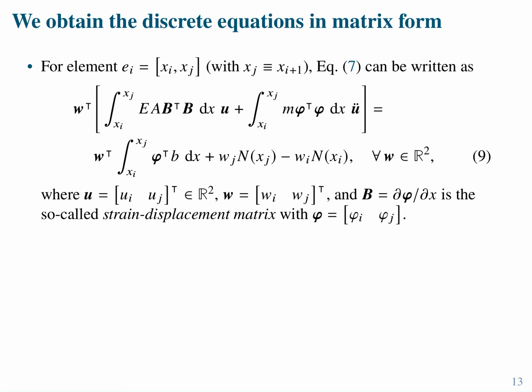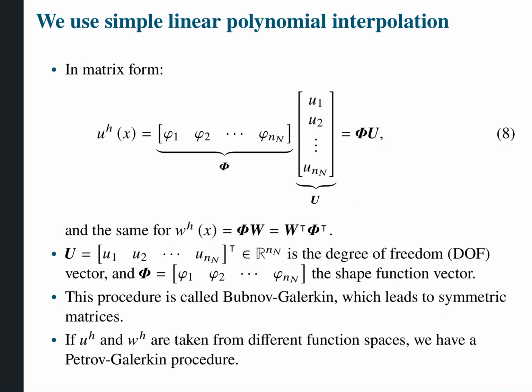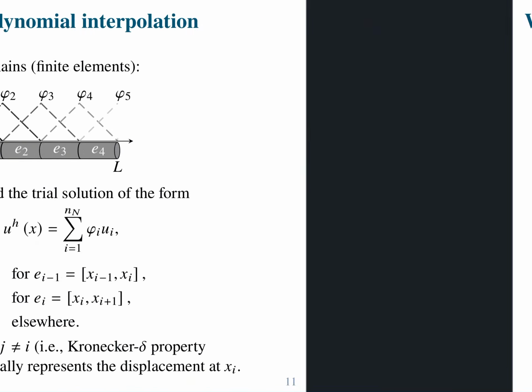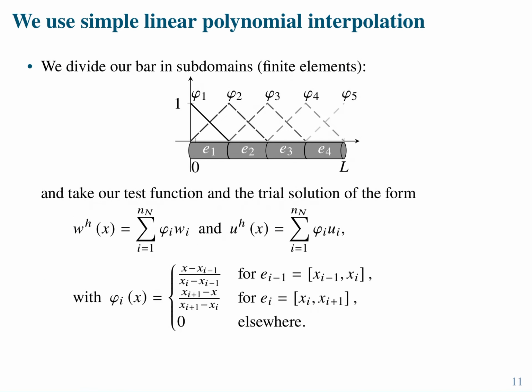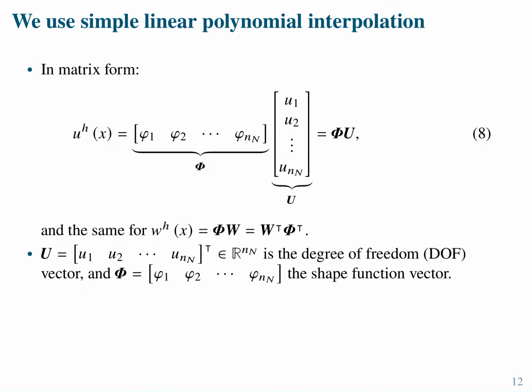You remember that in the variational form? Let's go back to that. I require the derivatives, right? So basically, if u_h is going to be defined as phi times U, well, now I have to apply the derivative to that phi vector, and that is where this strain displacement matrix shows up.